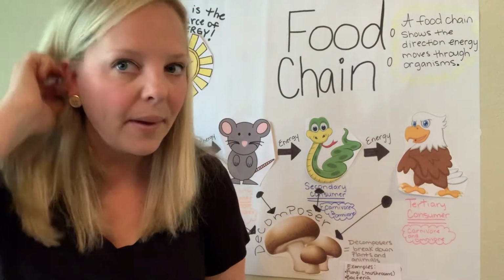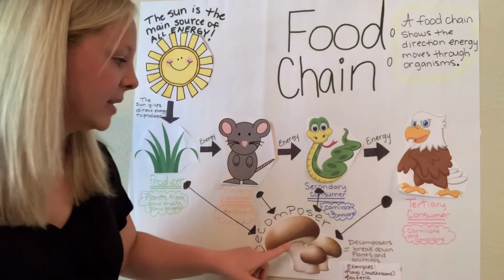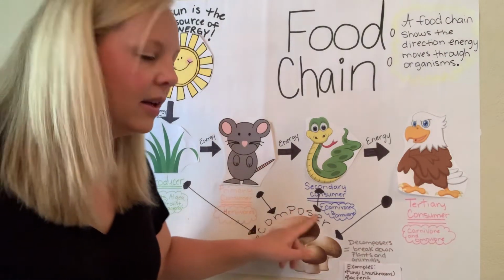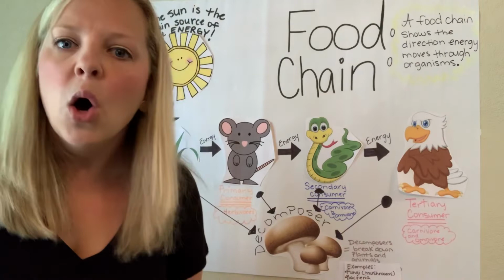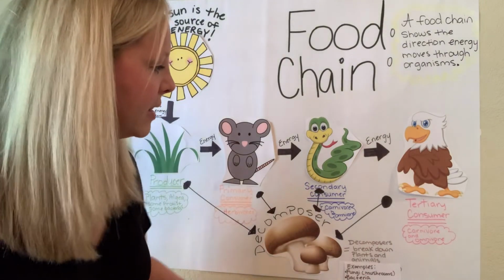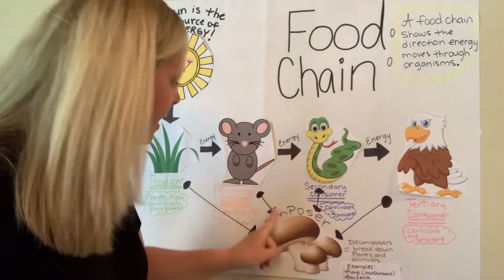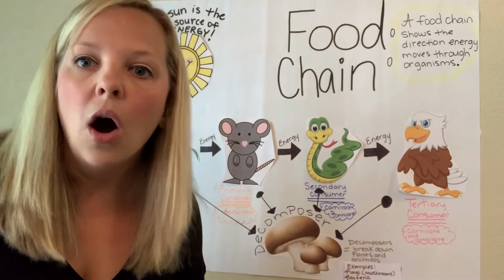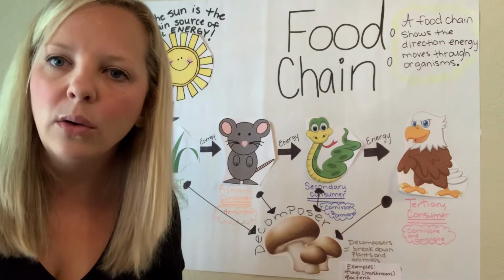There's one other topic though at the bottom that you may be curious about, and it's called the decomposer. What's different about the decomposer is that you notice arrows from every single trophic level are pointing to the decomposer.